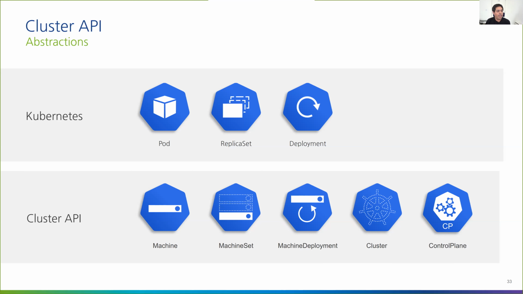What other things need to happen in this cluster to migrate from one version of CoreDNS and kube-proxy to another? So the control plane controller is going to take care of those day two operations. You started off with a small cluster, but now you've got lots of teams developing applications. You need to make this control plane bigger and more stable. Well, the control plane controller can help you do that.